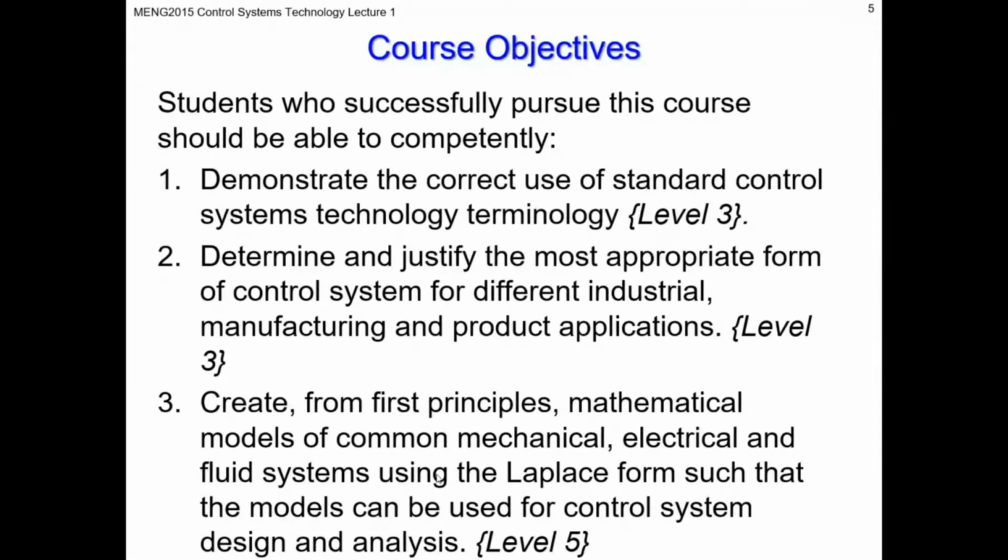It could be that you have models of both the controller and the plant, or it could be that you have a model of the plant and a hardware controller, so you can do a lot of controller programming, troubleshooting and debugging whilst using a computer model of your system. So being able to create those mathematical models in number 3 is quite an important one.